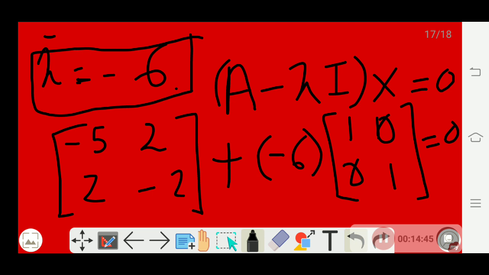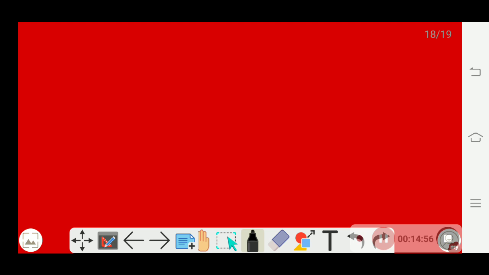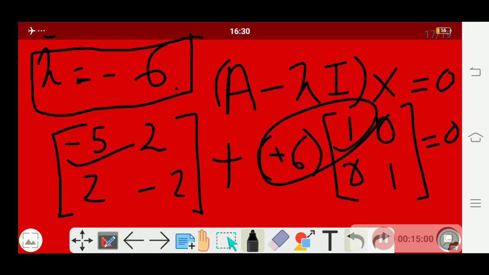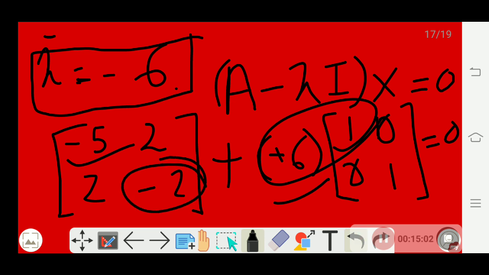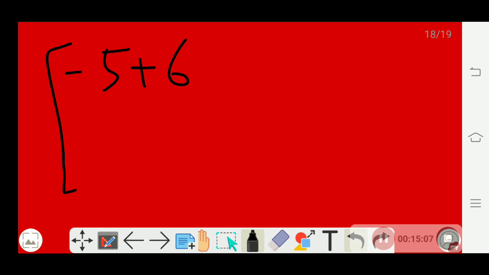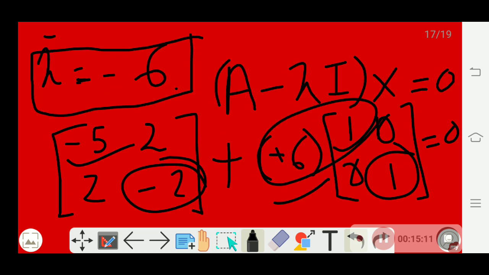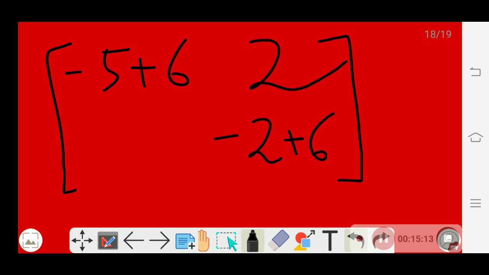Next, minus minus is plus. So what we have is minus 5 plus 6, and minus 2 plus 6, and 2 plus 0 is 2, 2, which equals 0.